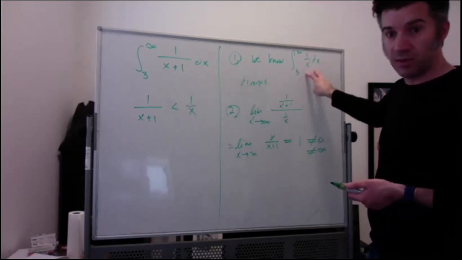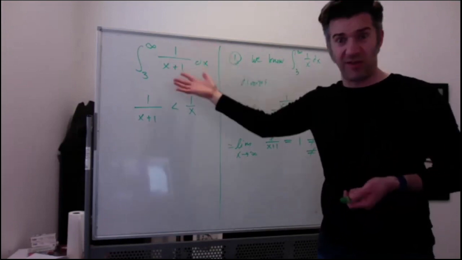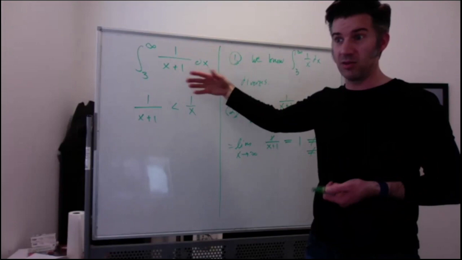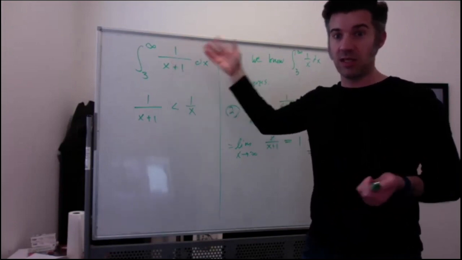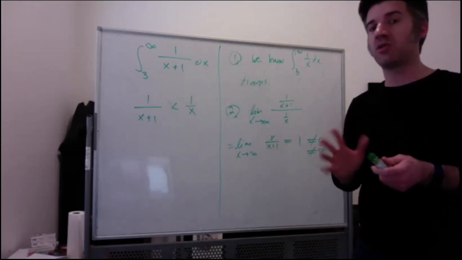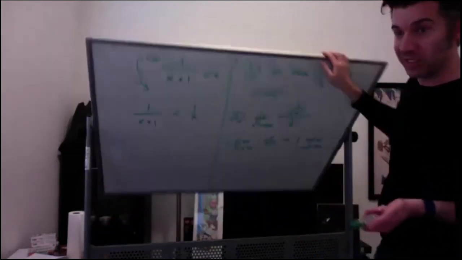So if we know this one diverges, we know this one diverges. You could also have integrated this one, right? We can integrate that and get the natural log of x plus 1 and then see that it goes to infinity as t goes to infinity. But that's the idea of the limit comparison test. Let me show you a better example, or an example where you actually really need to use it.